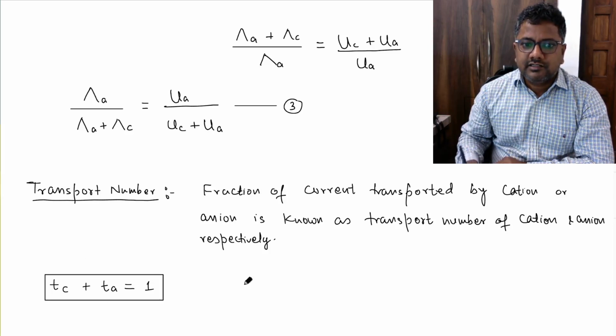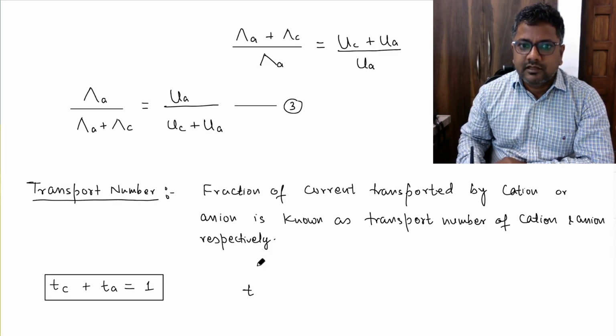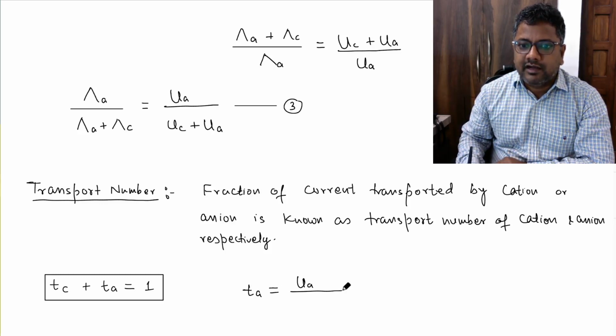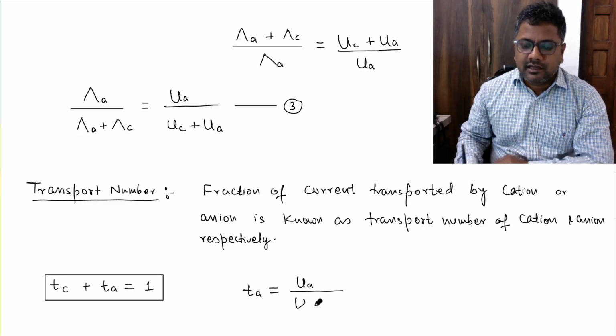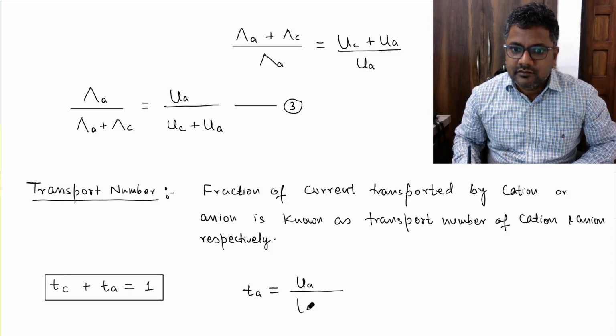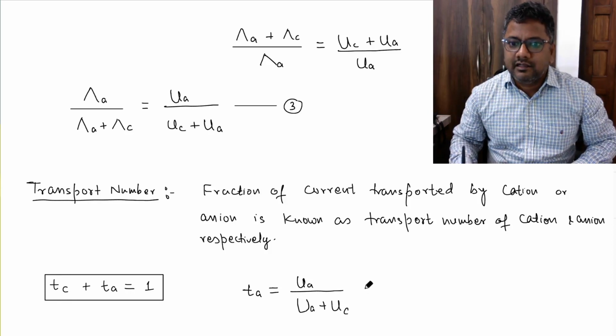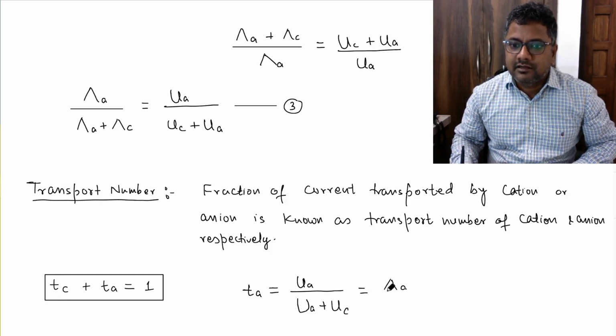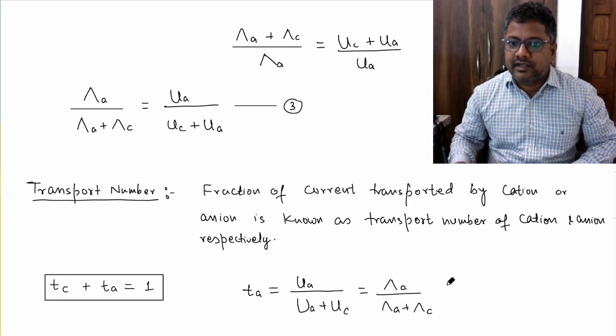Now see, transport number of anion is equal to the ionic mobility UA by the ionic mobility of anion plus ionic mobility of cation, and this is equal to lambda of anion by lambda of anion plus lambda of cation.